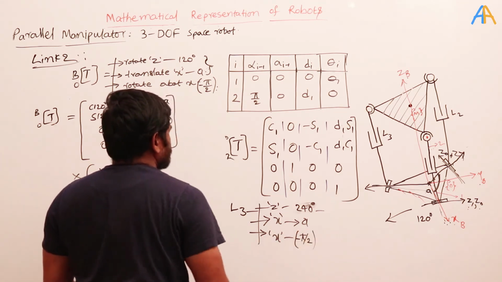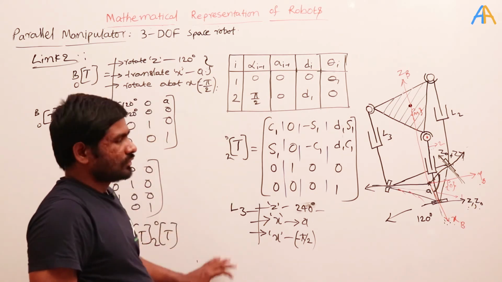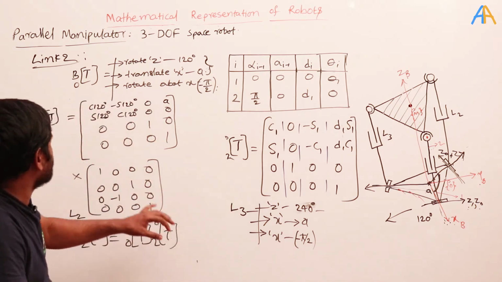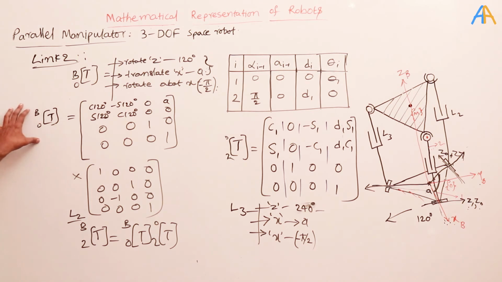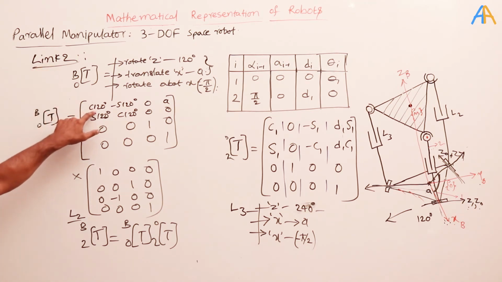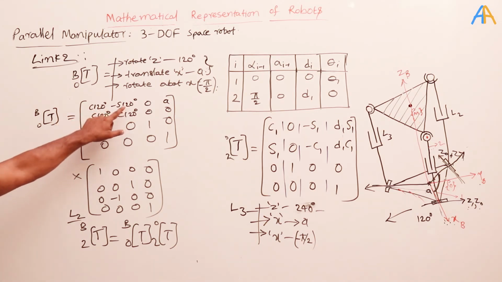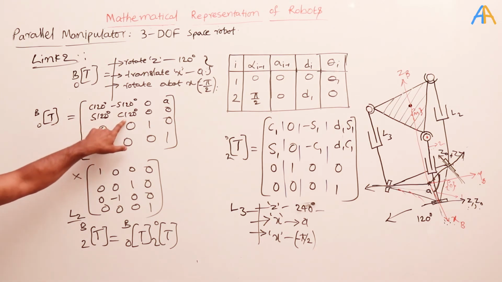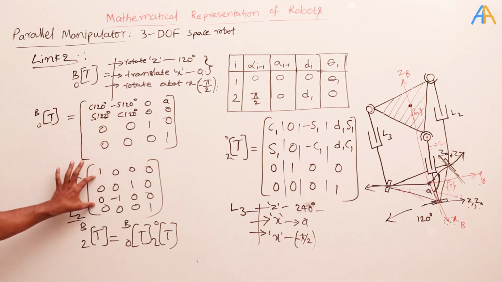Okay, minus pi by 2. So that is how we need to do that. That means to find the b to 0 transformation for link 3, instead of C120 you will substitute C240. Here also S240, here S240, C240, and again the matrix whichever we have written, this same will come.